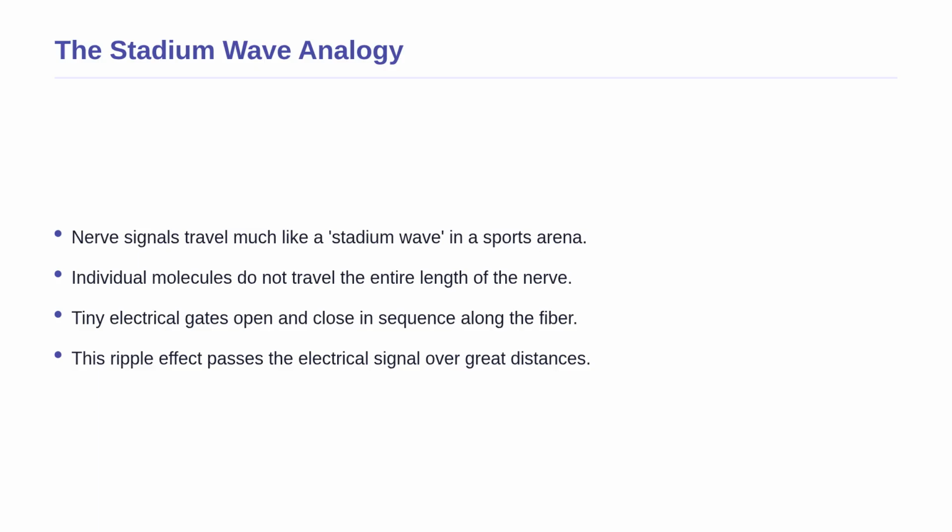Yet a visible wave travels a great distance. In our bodies, action potential conduction works exactly like this stadium wave. Instead of fans standing up, we have tiny electrical gates opening and closing along a nerve fiber. They pass the electrical signal down the line without any single molecule having to travel the entire distance.